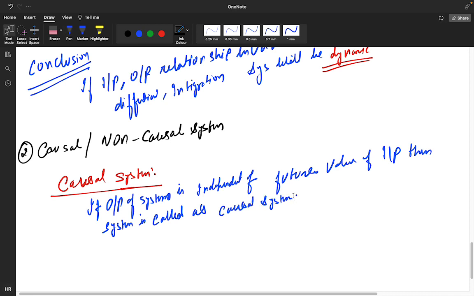Okay, it means it may have present value or past value, but it should not have the future value.